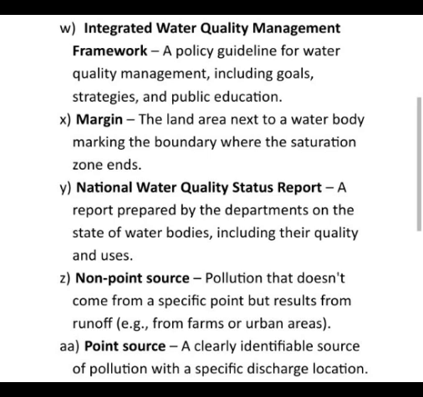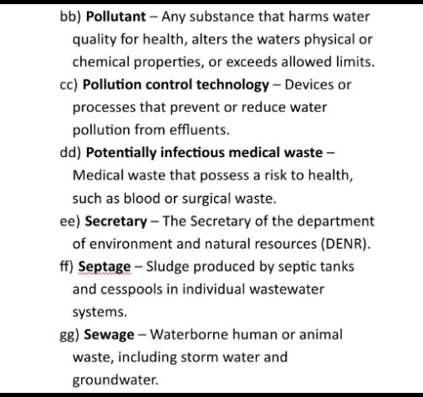Next, point source. A clearly identifiable source of pollution with a specific discharge location. Point source is a pollution coming from a single identifiable source like a pipe or factory outlet. Next, pollutant.